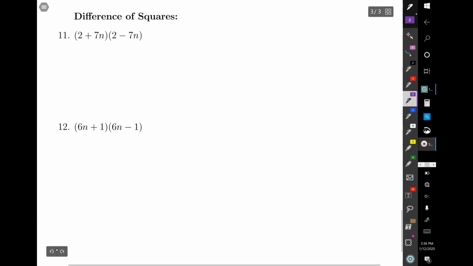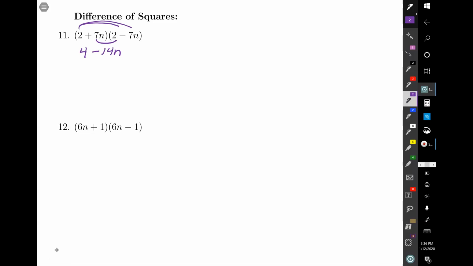If we do our first, 2 times 2, I'm going to get 4. 2 times negative 7n, I'll get negative 14n. Now I'm doing the 7n times both terms of the second binomial. 7n times 2 gives me a plus 14n.